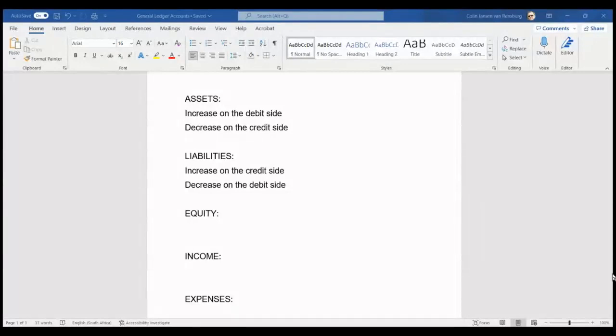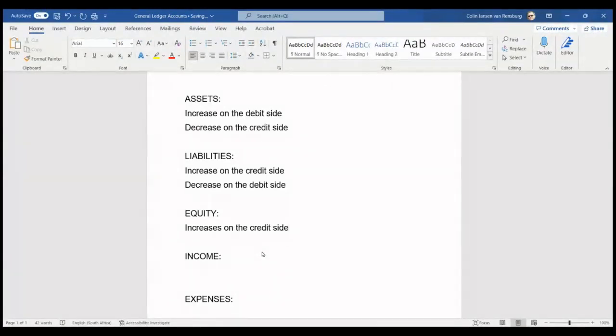So the liabilities and equity will work similarly. Thank you, Matomi, as well. Right. So there we go. Let us go and type that in. Sorry, I must find my sheet because I've got many open at the moment. So equity increases on the credit side.